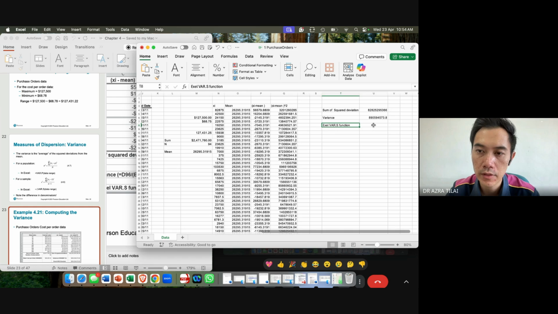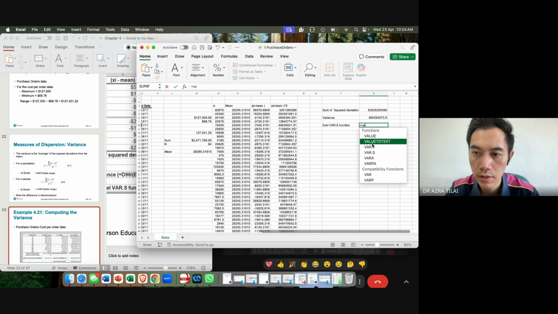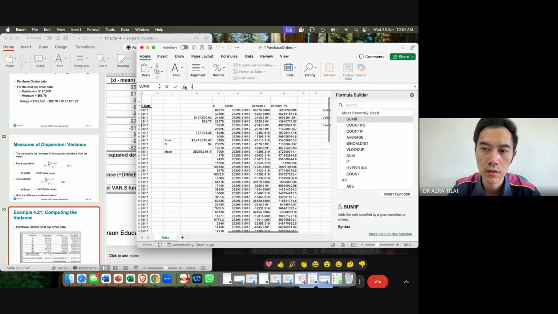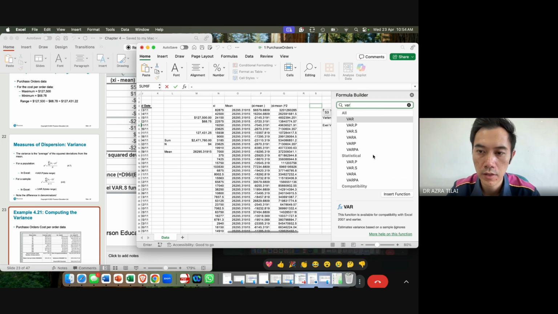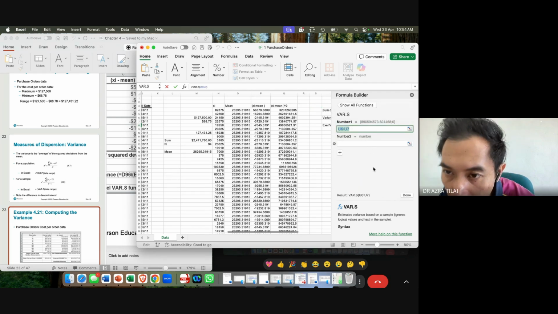Let's try var.s. Okay, now I know. Okay, so we got here. We try to find var.s. Okay, we found it. Insert function. What do they need here? Estimates variance based on sample. Ignores the logical value.